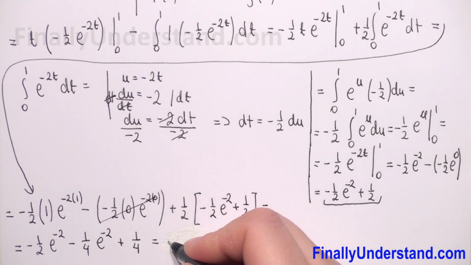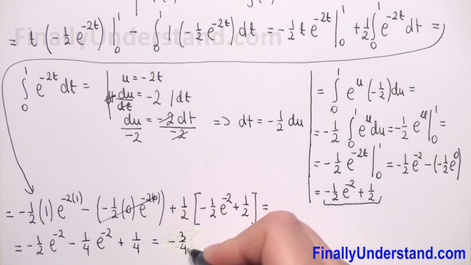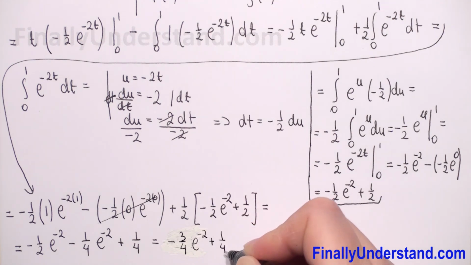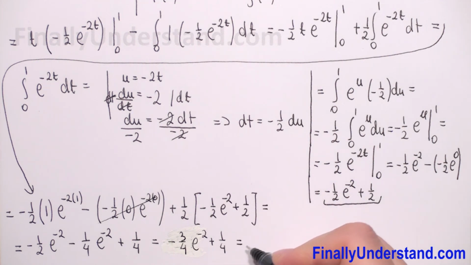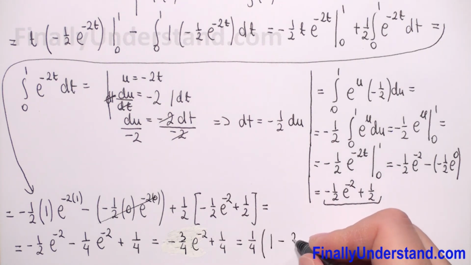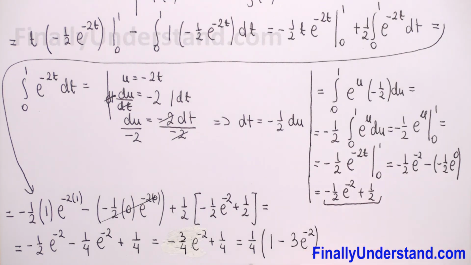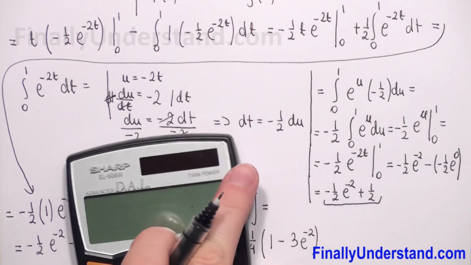This is negative 3/4 e to power negative 2 plus 1/4. You can factorize 1/4, and you can put the positive expression first, so it will be 1 minus 3 e to power negative 2. Left like this, or you can use a calculator and find this value.